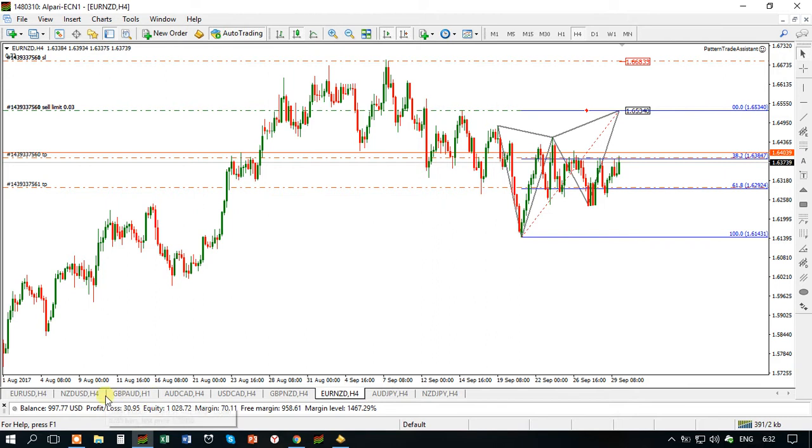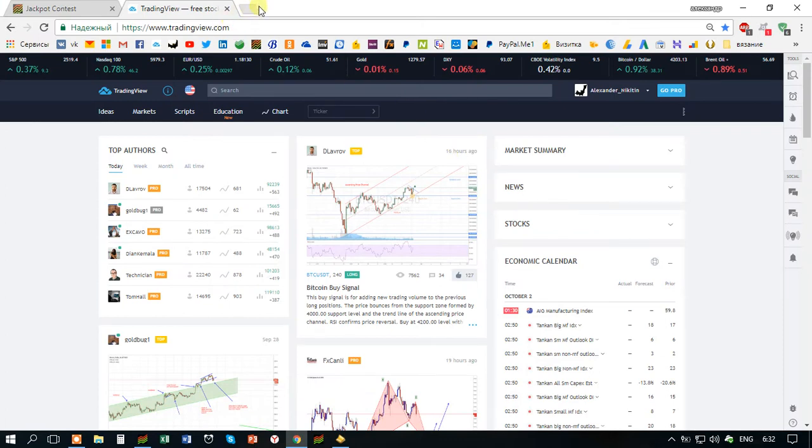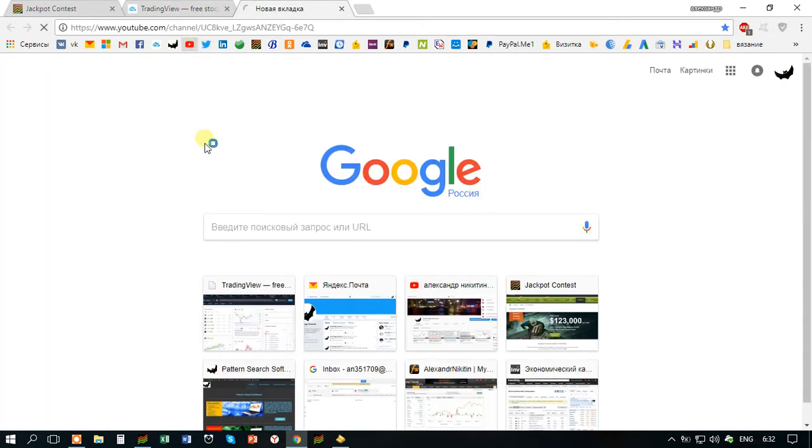Euro New Zealand, mostly 4-hour trades. Euro New Zealand, waiting for this to go higher to complete, and here to hit my target. I'm using manual swing identification here. If you are new and you don't know what my manual swing identification algorithm is, you're welcome to visit my YouTube channel.